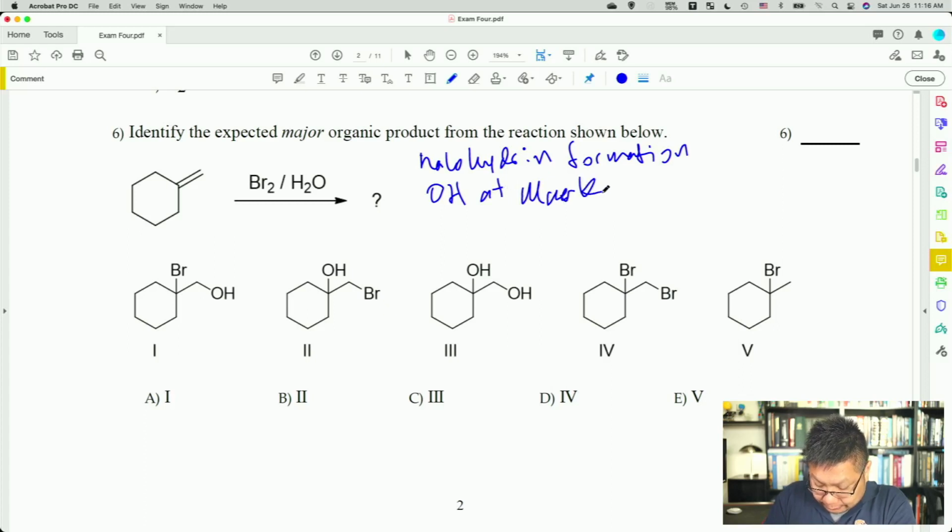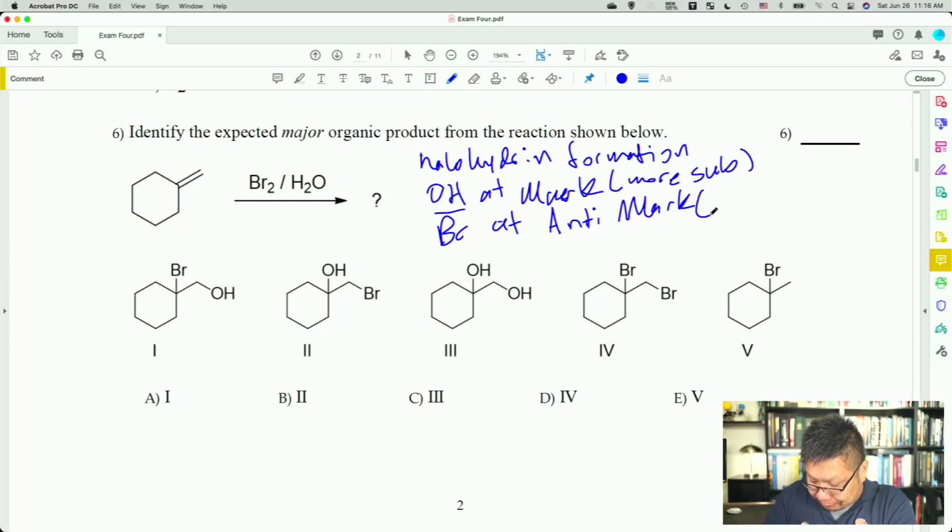And then we do the bromine at the anti-Markov site. Or in other words, we add the OH at the more substituted site, or we do the bromine at the less substituted site.